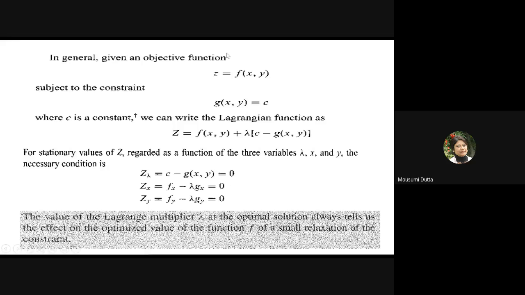Now, once we get this, just like any other optimization, I have to take the first order conditions. In this case, we have to find the values of x and y, and therefore we will take the derivative of z with respect to x and y. And one more thing we have to do is take the derivative with respect to the Lagrange multiplier too.